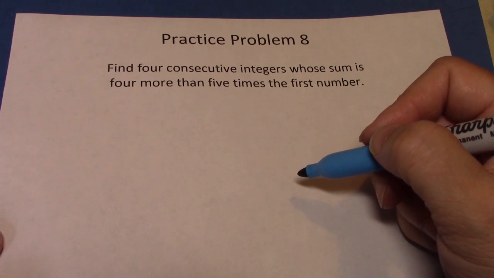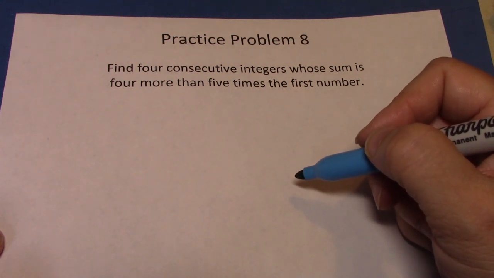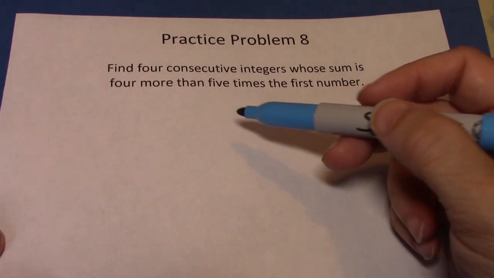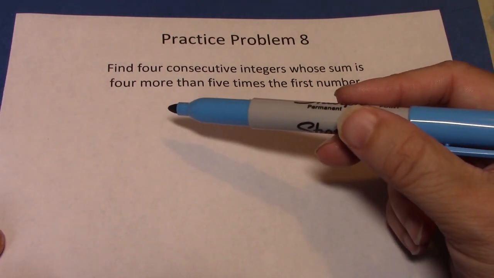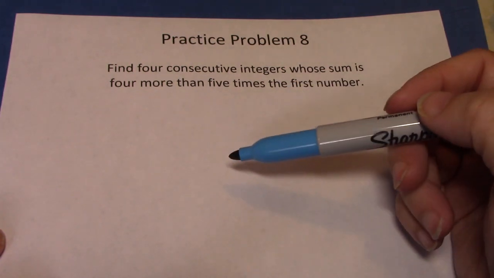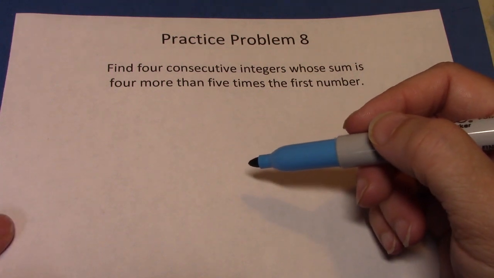Problem 8 says find 4 consecutive integers whose sum is 4 more than 5 times the first number. It's a classic formula that we're going to come up with. And here's another thing that people usually make a mistake with, is when they think there's 4 consecutive integers, they think we've got to have like x, y, z, w or something. But we don't. They're consecutive.